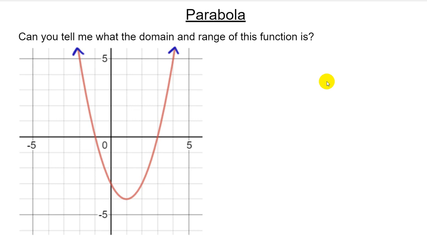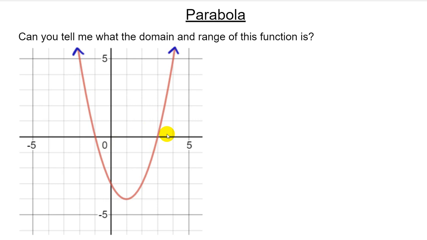Okay, so let's say I asked you to tell me the domain and range of this particular function. Okay, so let's look at the x values. So you see this arrow, this means, as you can see here, it's going on forever and ever in x. And also this way, it's going forever in the x this way. So as you can see, what this implies is that x just continues forever in negative or positive direction without a restriction.